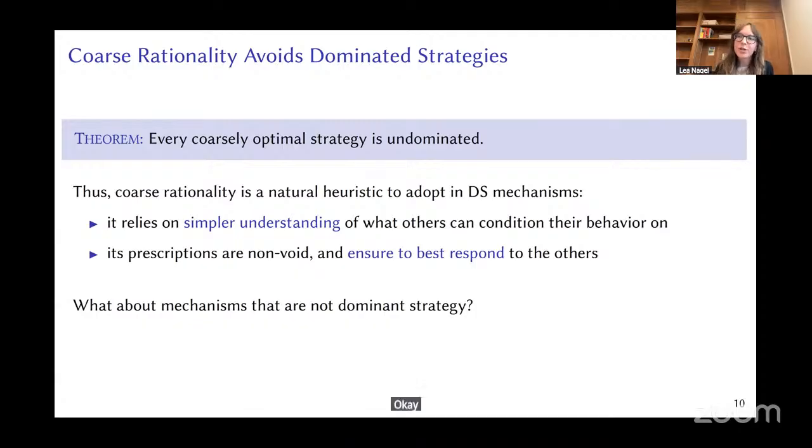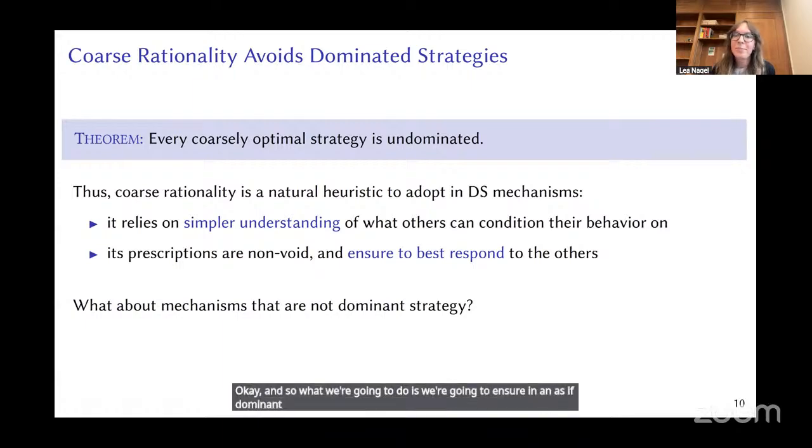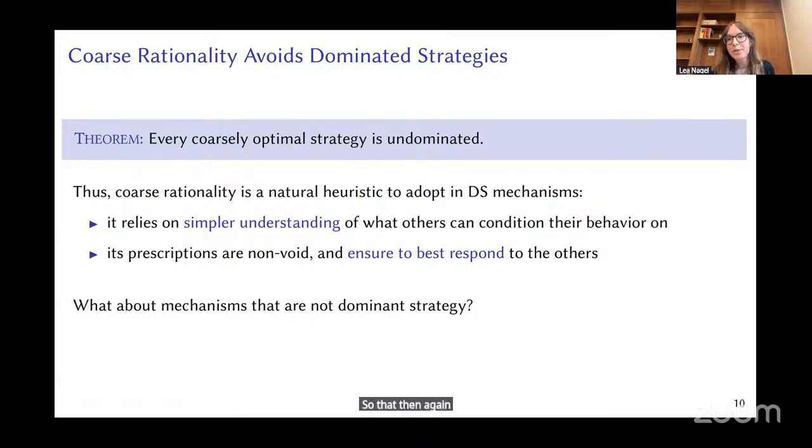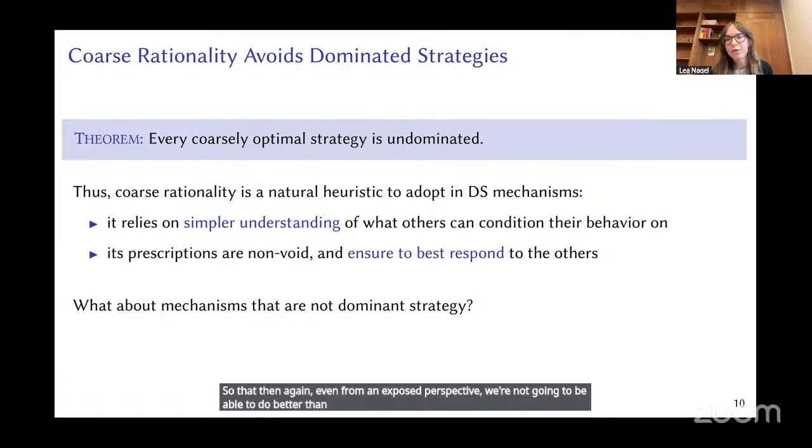So what we're going to do is ensure, in an as-if dominant strategy mechanism, that behaving coarsely optimally is essentially a meta-equilibrium. So that then, again, even from an exposed perspective, we're not going to be able to do better than to all choose our coarsely optimal strategies.